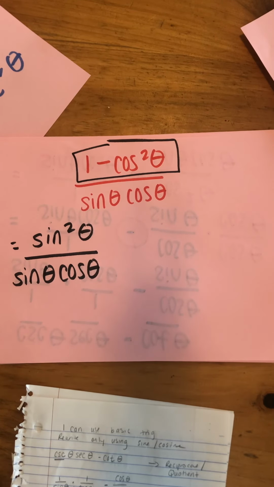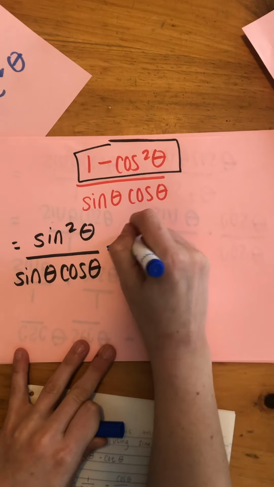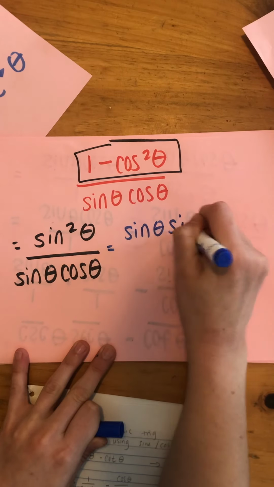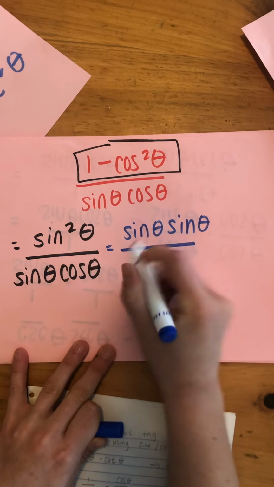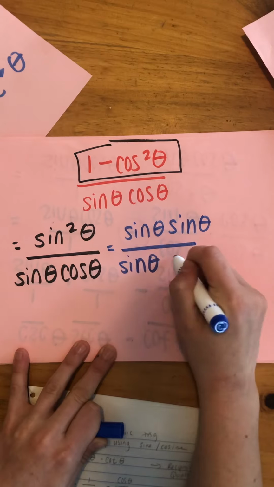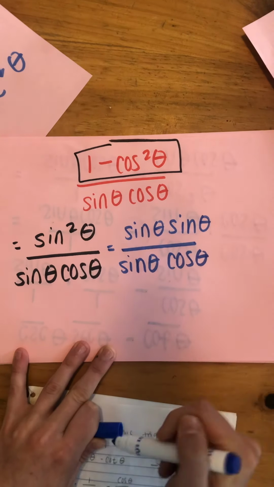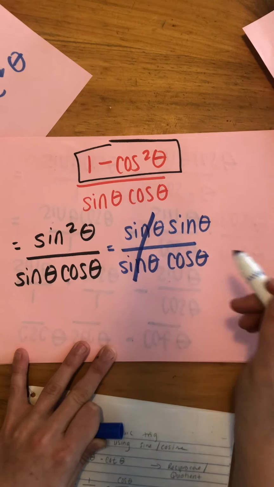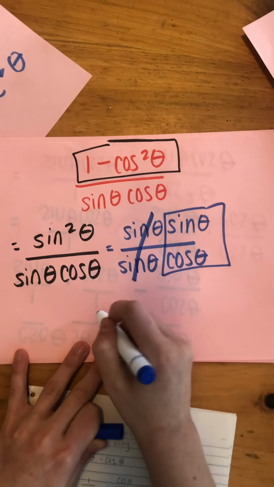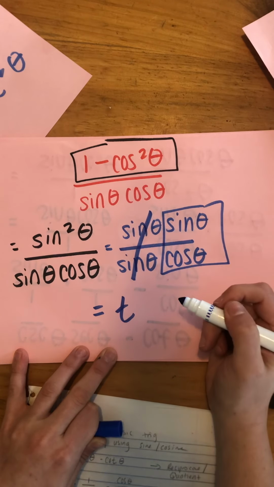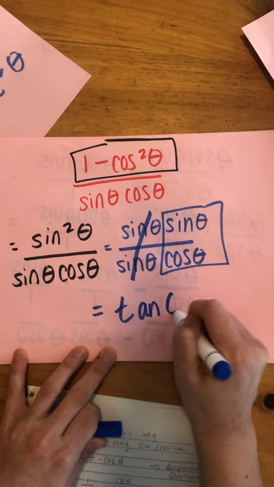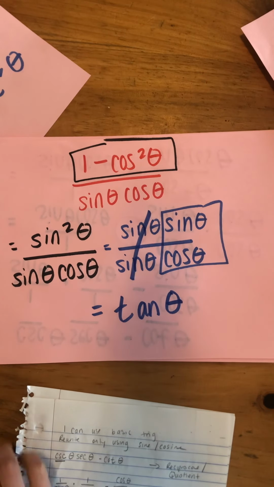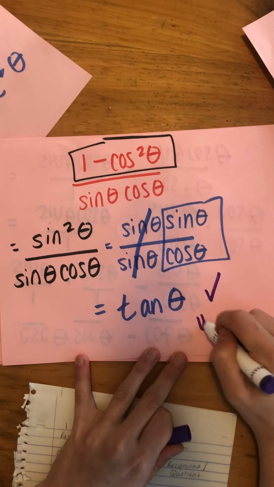All right, and so now if we think back to algebra, if I have 2 sines in the numerator, this is sine theta times sine theta over sine theta cosine theta. One of the sines can cancel and we're left with sine over cosine, which is actually just tangent of theta. And we're going to check this using Desmos.